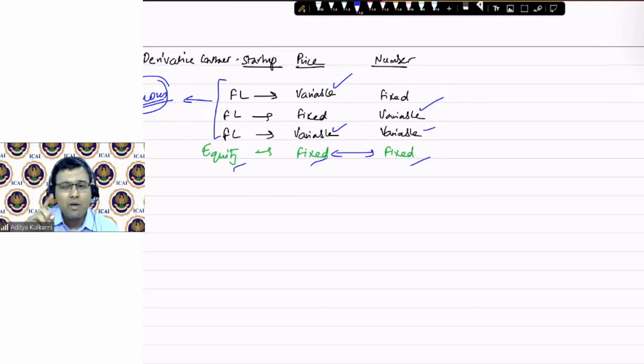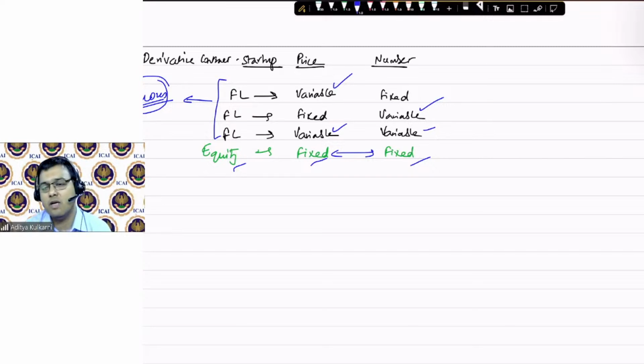If any one factor is variable, that means either the price is variable or the number is variable or both are variable, then the contract is a financial liability, because you are obligated to deliver a variable number of shares depending on a variable price or variable number or both.